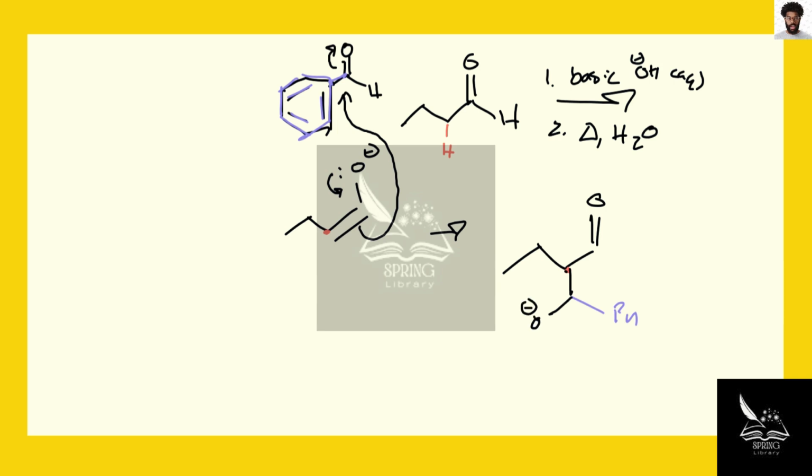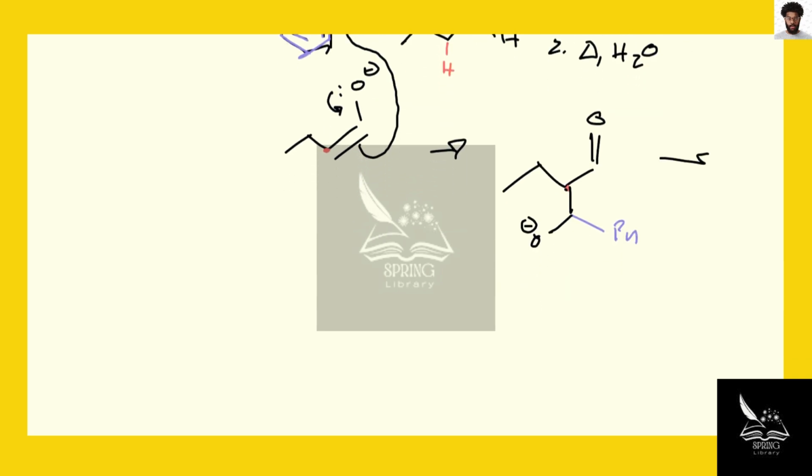Great. And then in the next step is where we get heat and water. Recall that this is the E1cB elimination reaction, where we actually eliminate OH as OH minus.